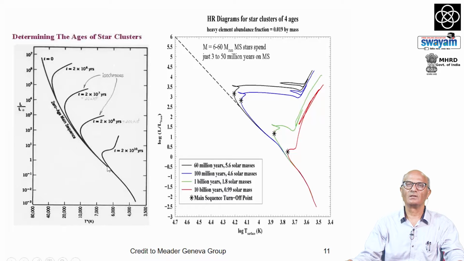So, it stays at that point from when hydrogen burning started until the end of the fuel. That is why in a star cluster this happens, in this diagram, which is based on the theoretical model generated by Meynet's group from Geneva. So, you see the asterisks, these are the turn off points.